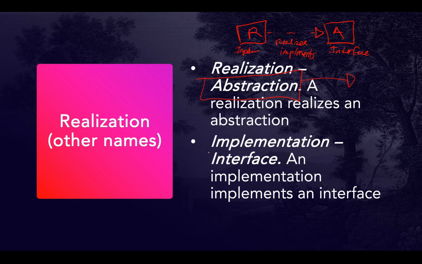I've already told you about this in the previous lectures, where the term abstraction is quite overloaded. It could mean the concept abstraction, but in this case, we're talking about abstraction as the construct, the type of class.